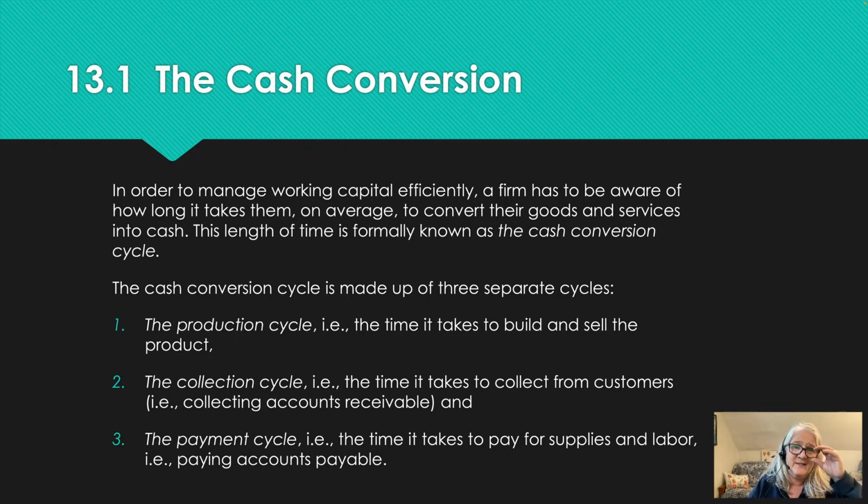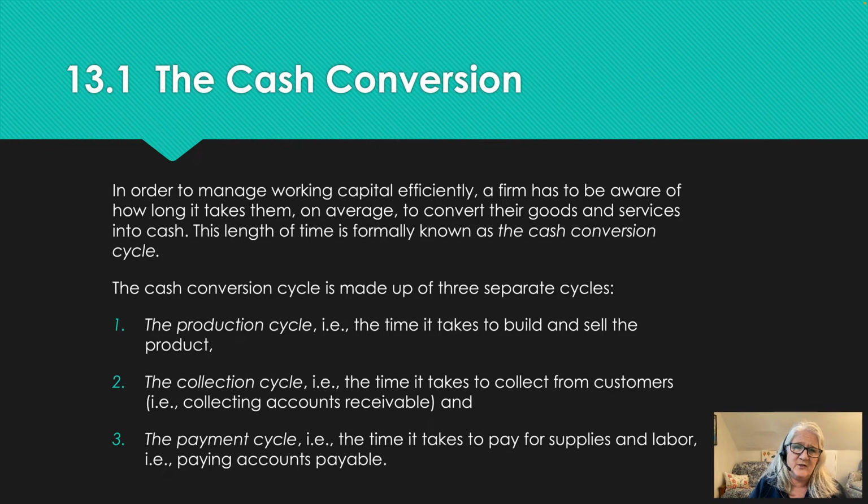And by the way, the textbook uses vocabulary that is not necessarily the only words that you'll see describing these ideas. Okay, so I try to give you synonyms here so that you're familiar not only with these production cycle, collection cycle, payment cycle, but also the other words that are used broadly in the world of finance to describe these concepts.